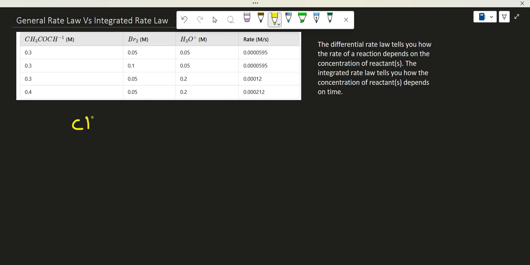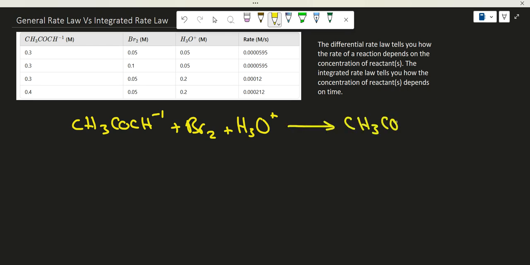So we have CH3COCH3 plus Br2 plus hydronium, and the whole thing goes to CH3COCH2Br plus H2O plus Br.